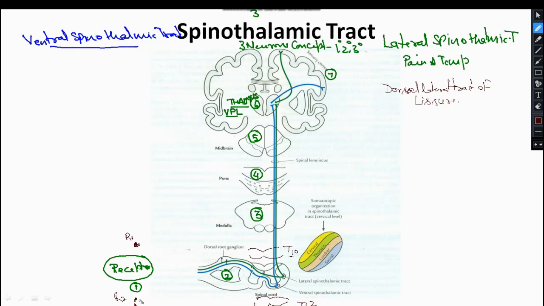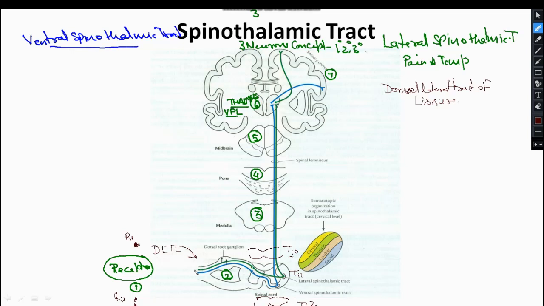Rather, as I said, it will relay one or two segments higher or lower, so it can relay to T11 or at the lumbar level. This way it forms the tract. This whole course is known as the dorsolateral tract of Lissauer.